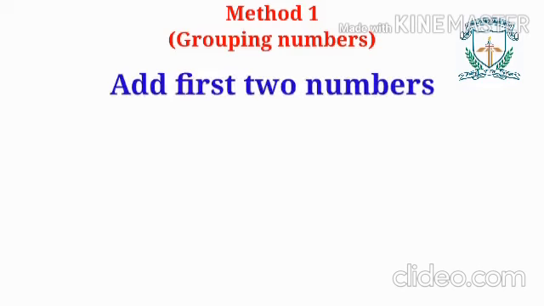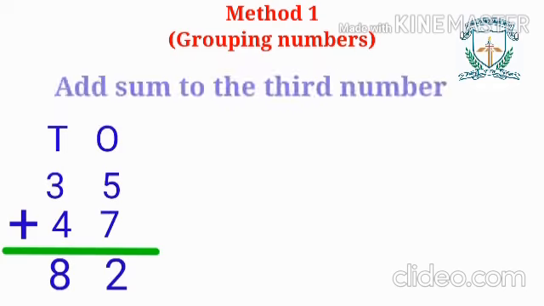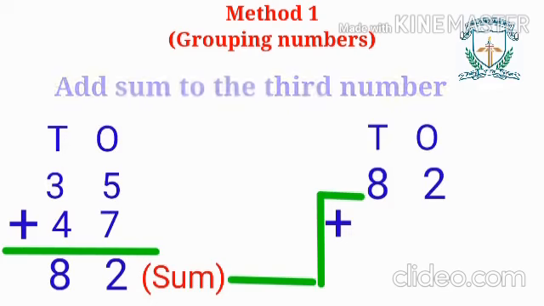Here we have to add the first two numbers, that is 35 and 47, to get the sum or answer. After getting 82 as a sum, we have to add that sum 82 to the third number, that is 14.